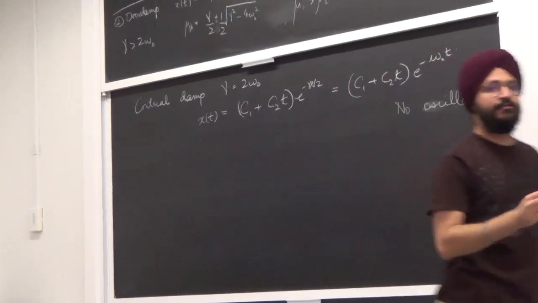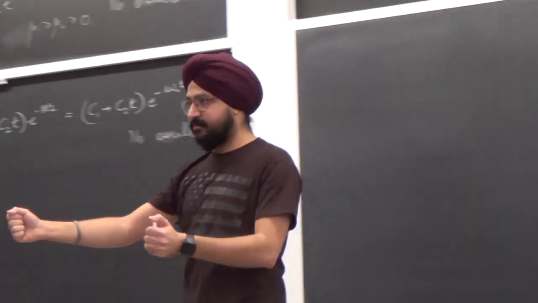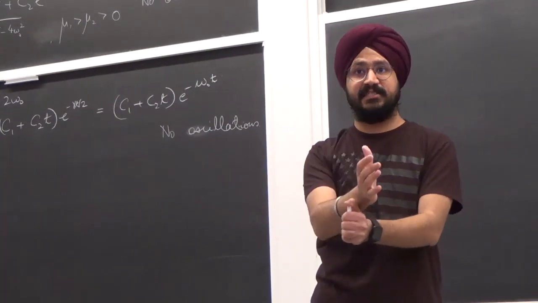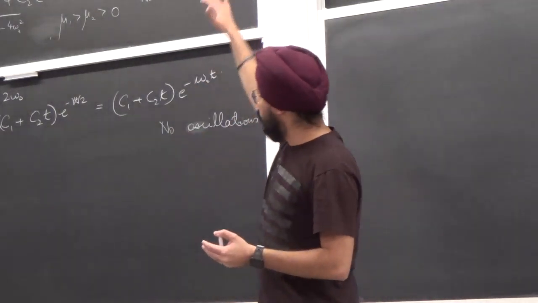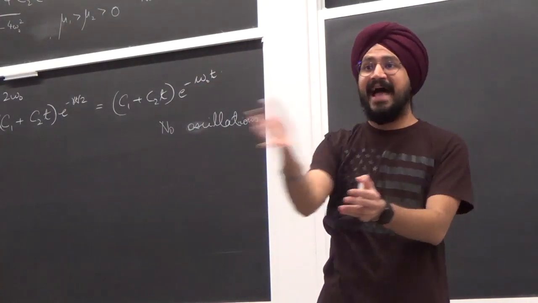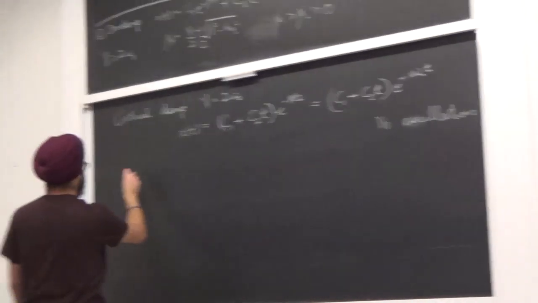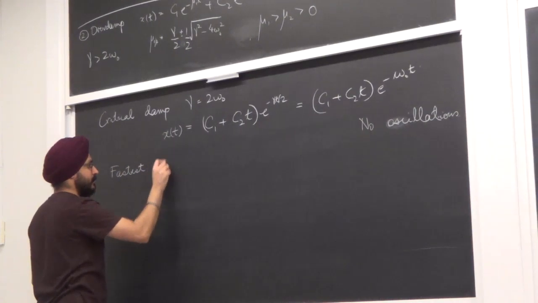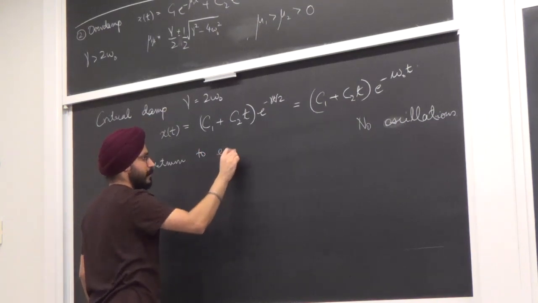But the cool feature of critically damped situations is that if you perturb a system and you leave it, it comes back to the origin the fastest. It takes the least possible amount of time across all these three cases to come back to the equilibrium. So it has the fastest return to the equilibrium position.